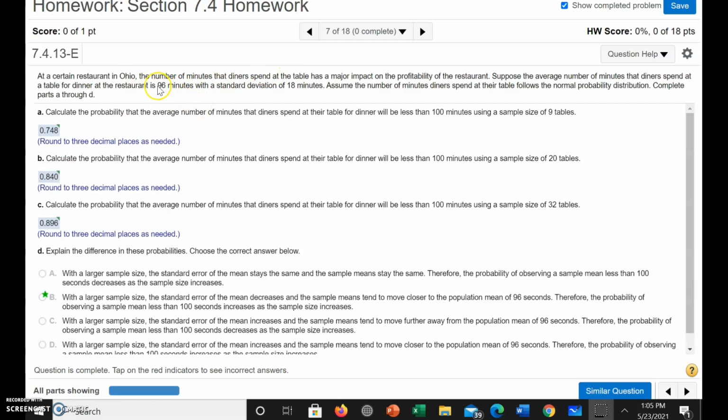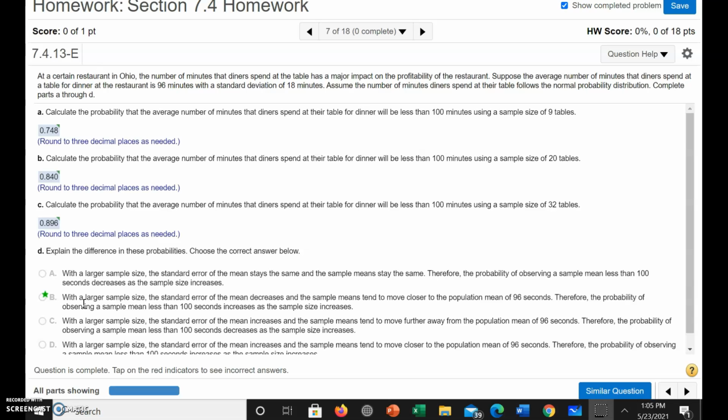So what's important here to see is the average is 96 minutes. So as the sample size increases, the probability of it being less than 100 minutes also increases. And the reason is, with a larger sample size, the standard error of the mean is going to go down.